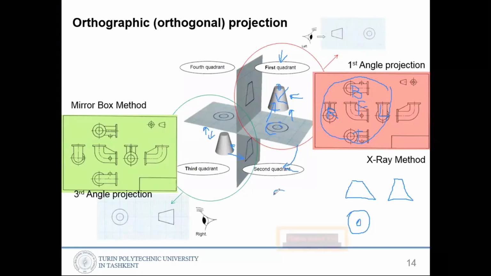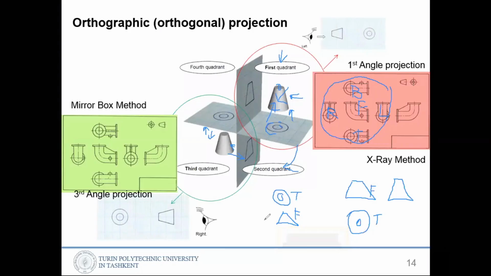The top view will be on the top, and the front view will be below it. That is the front view, that's the top view. Sorry, that's the top view, that's the front view.